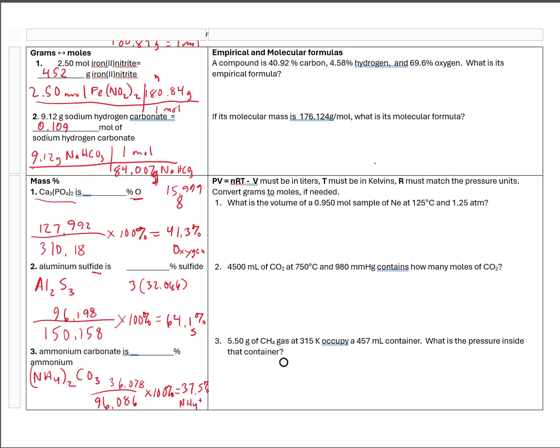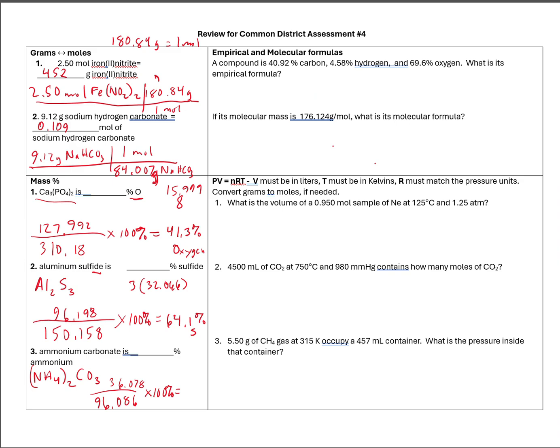Empirical molecular formulas, remember we just treat our percents as masses. Okay, I've spotted an error in this question here. It's supposed to say 54.5% oxygen. We got to take our percents and turn them into grams, just call them grams.